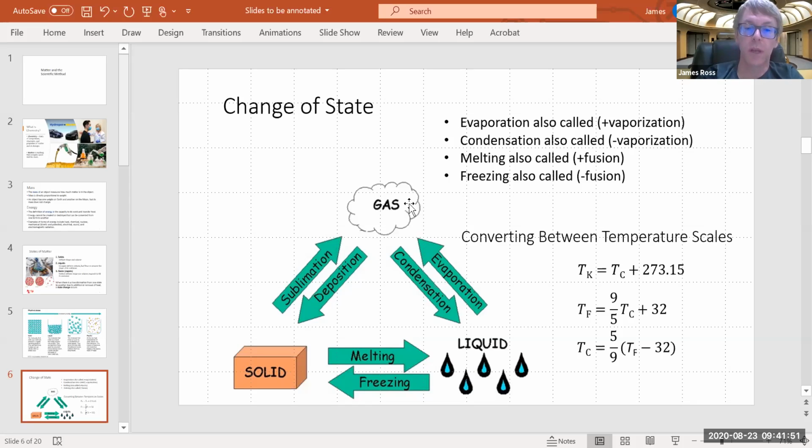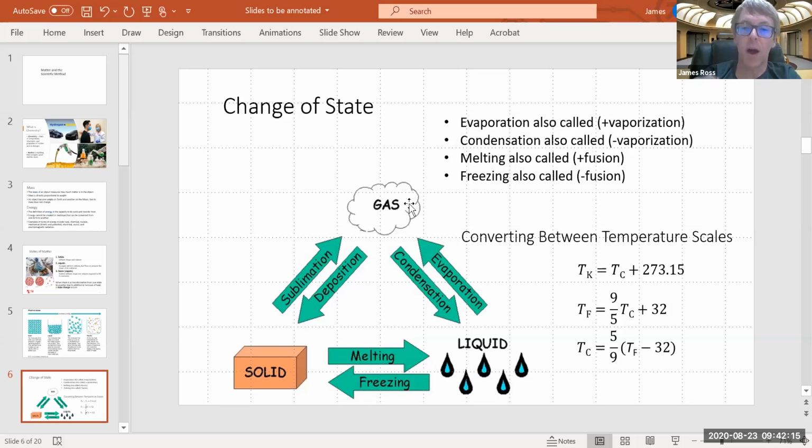Let's go to liquid to gas. We've got condensation and evaporation, and then going from solid to gas, we have sublimation. So directly from a solid to a gas without going via the liquid state would just be sublimation. And if we get the gas and we deposit it to form a solid, then that would be deposition.